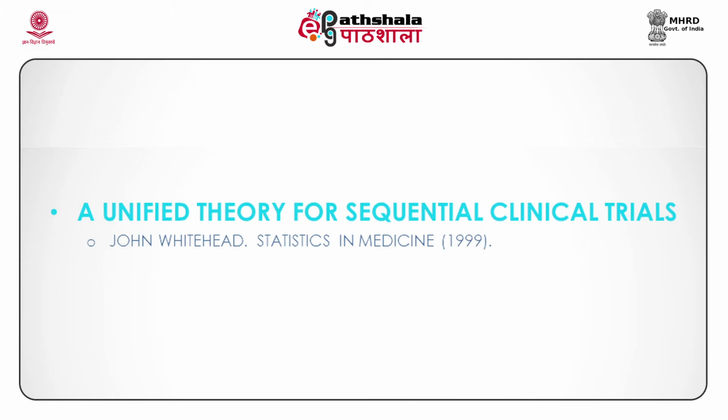As is suggested by the title of the paper, in this paper, the author tries to provide a unified platform and define some fundamental concepts such as the parameter of interest, the statistic, the stopping rule, and so on to unify diverse theory which have been implemented in practice for the sequential clinical trial.